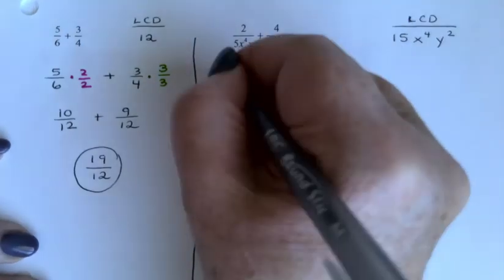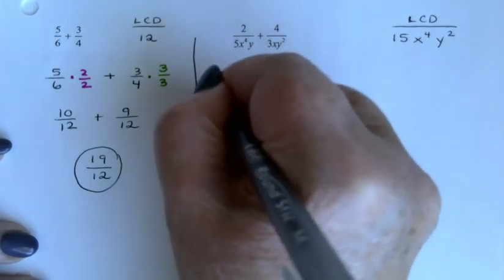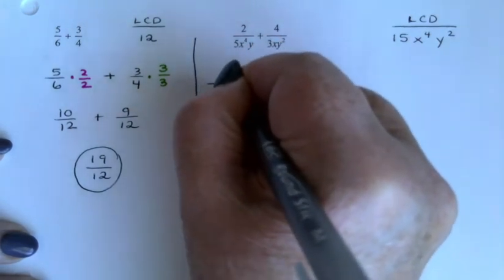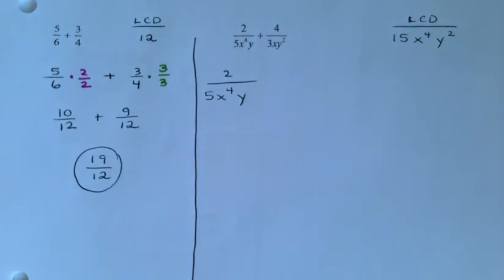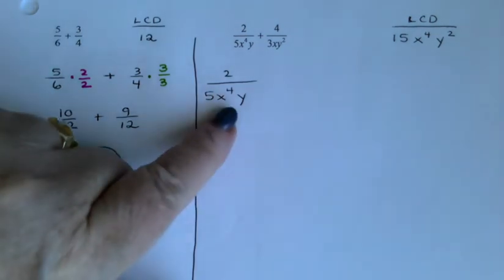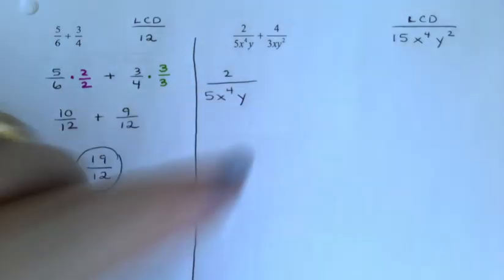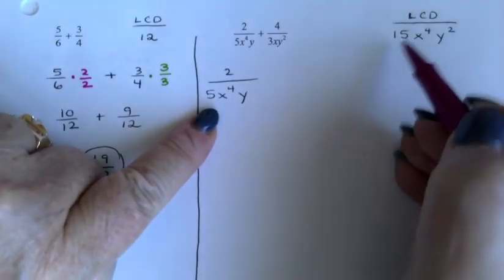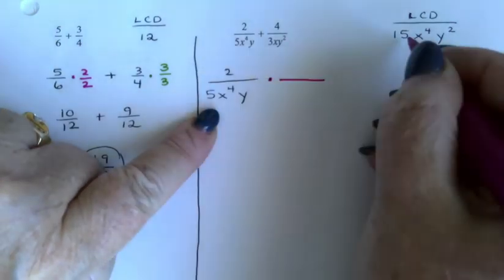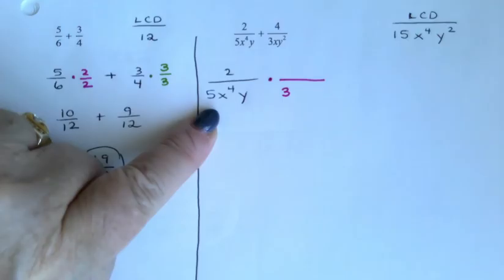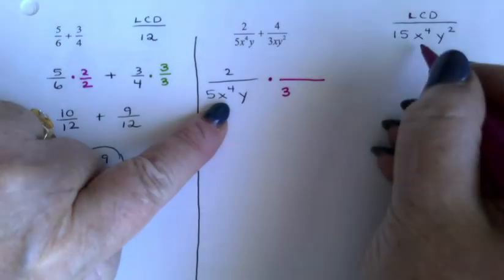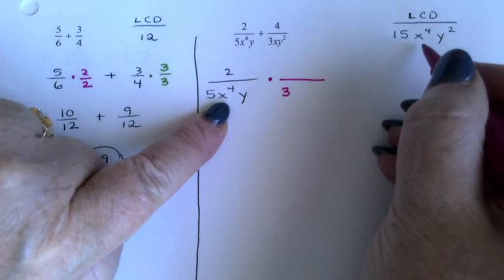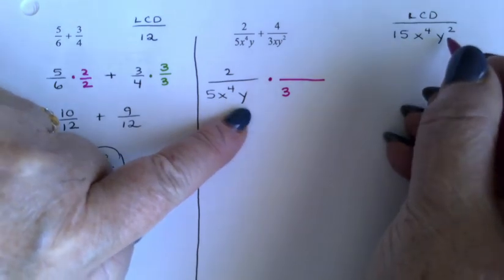So let me go back to my 2 over 5x to the 4th y. I'm going to compare that to the LCD, and I'm going to say, I definitely need to multiply by 3 to get that 15. The x to the 4th is actually fine, but I need another y.